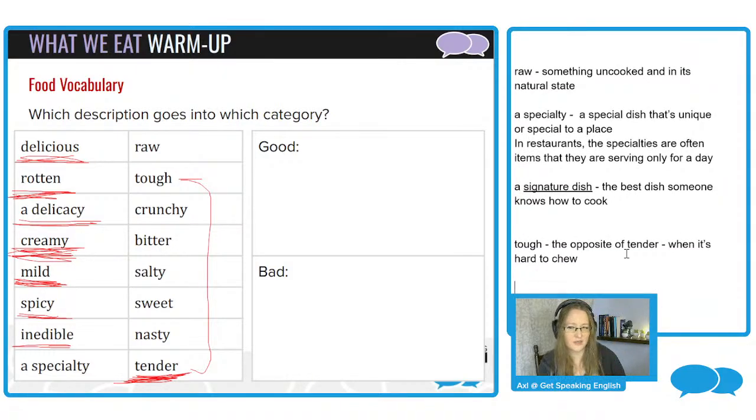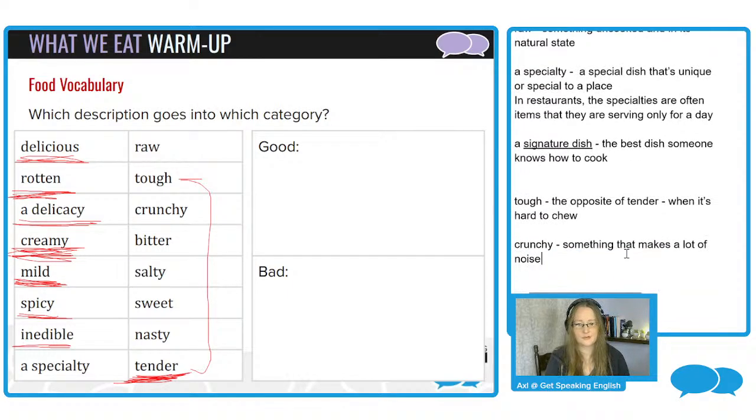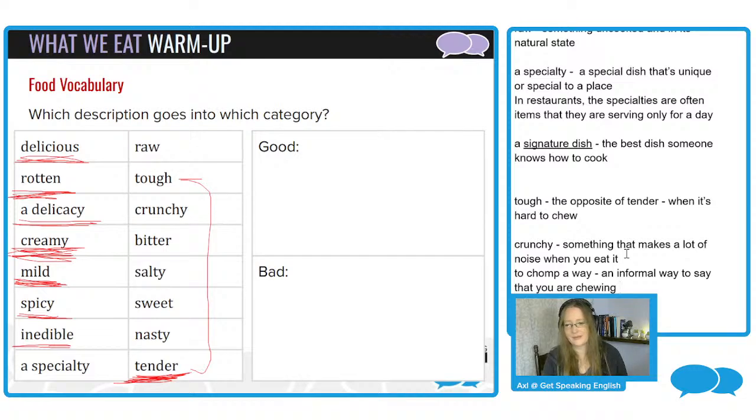Crunchy, something that makes a lot of noise when you eat it, so you chomp away, you chew away. Chomp away at something is a very informal way to say you chew at something. Or biting something.